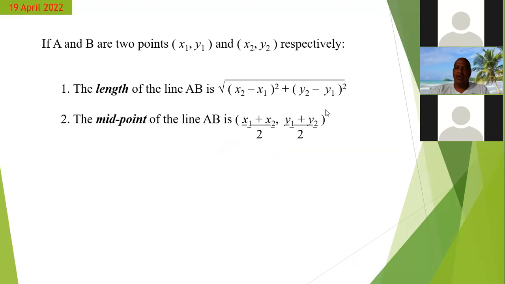And so for the midpoint, using the same 2 points, A and B, now you're finding the midpoint. That means you're finding a coordinate. So you want to find the coordinates of these 2 points. The formula says that you add the 2 x coordinates and divide by 2 to get the x coordinate of the midpoint.